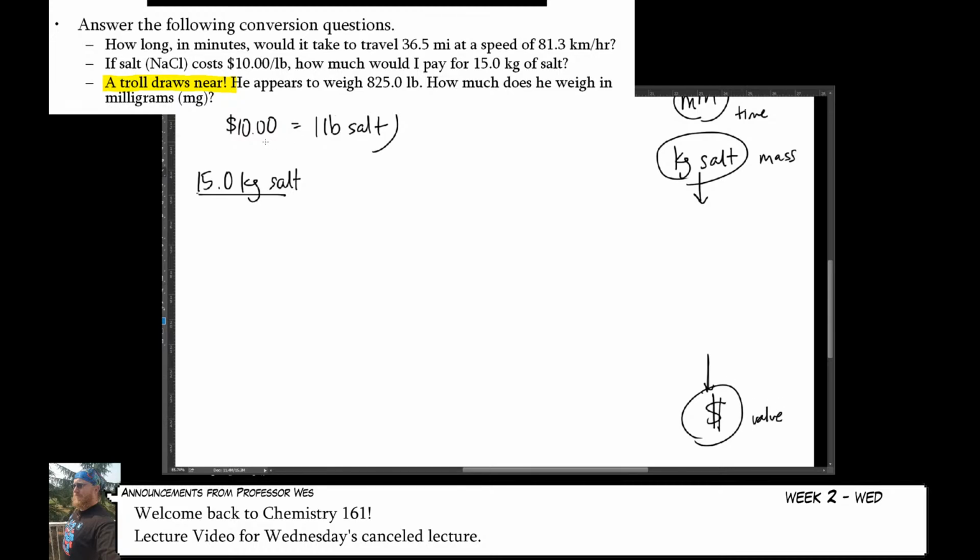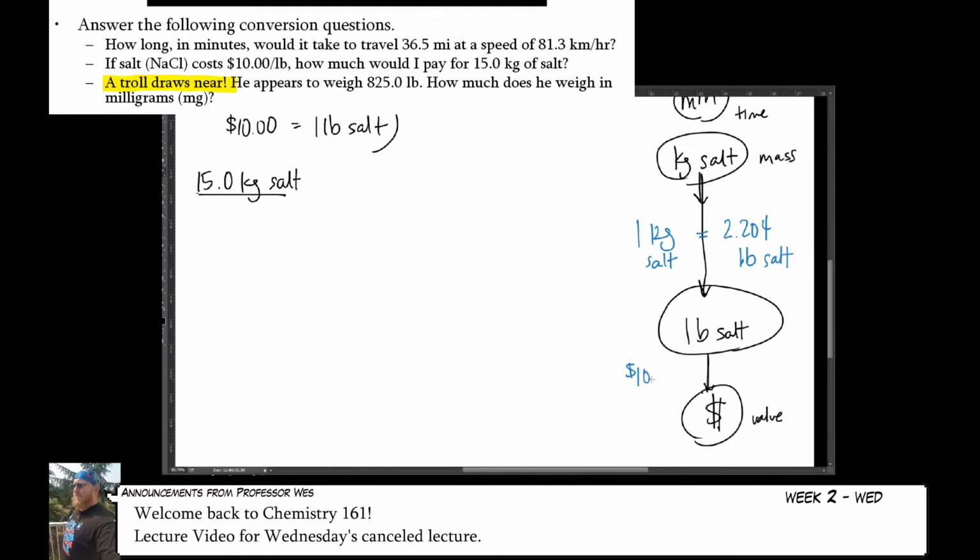Well, I have a conversion up here for money to pounds, so if I could figure out how to get from this to pounds of salt, I could then convert it to money. Well, kilograms to pounds is very easy. We've done that several times today. 1 kilogram of anything equals 2.204 pounds of anything.